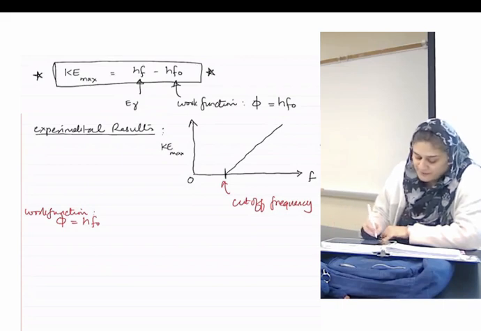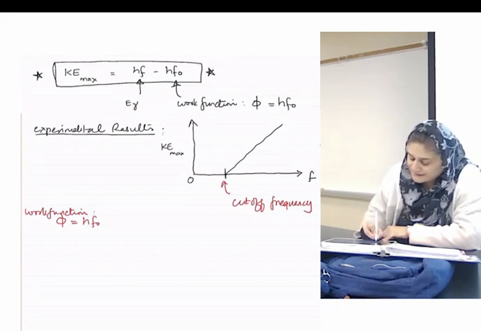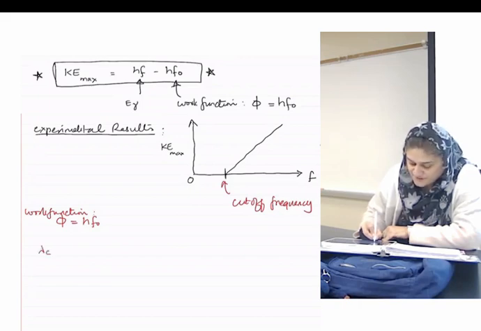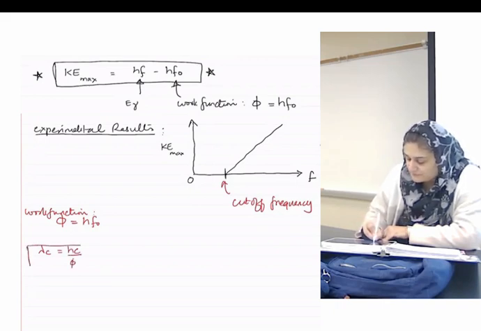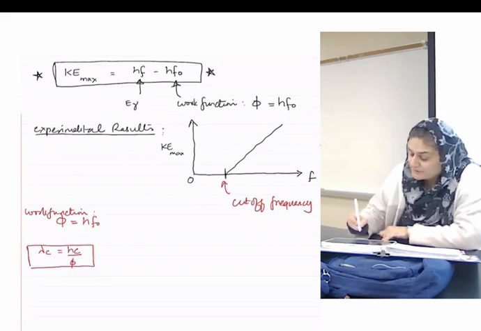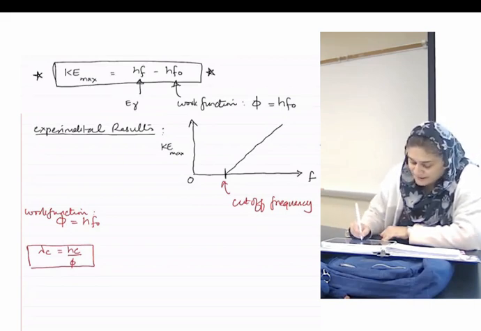And another formula that you might want to write down is the lambda for the cutoff frequency, which is just hc over phi. What's the lambda corresponding to that? It's simple. I can show you where it came from, so it's not like a magic box.